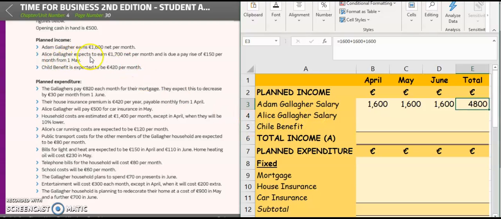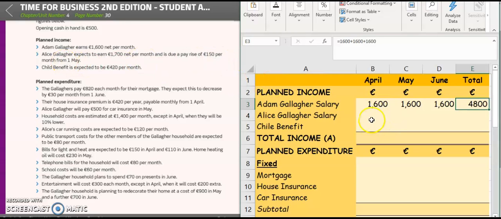So for those 3 months, Adam Gallagher is going to earn 4,800. Alice then. So Alice expects to earn 1,700 net per month, and is due a pay rise of 150 per month from the 1st of May. So from the 1st of May, she's going to get 1,850. So it's going to be 1,700 plus 150, which will give you 1,850, and that's going to start from May.